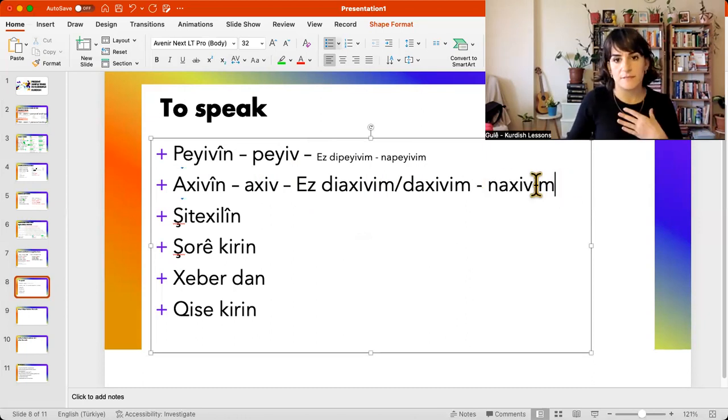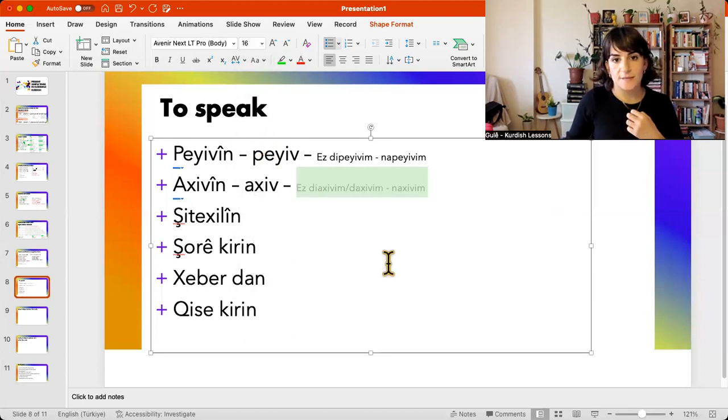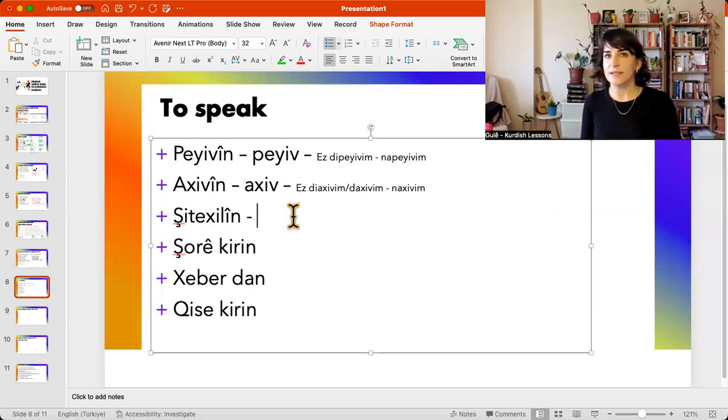I don't speak. Okay, this is one of the varieties. Shtaghlin, it's what we use in my region, in Midyat and around. It's from Arabic. I mean, the consonants are from Arabic, but Kurdish changed it for its own form.